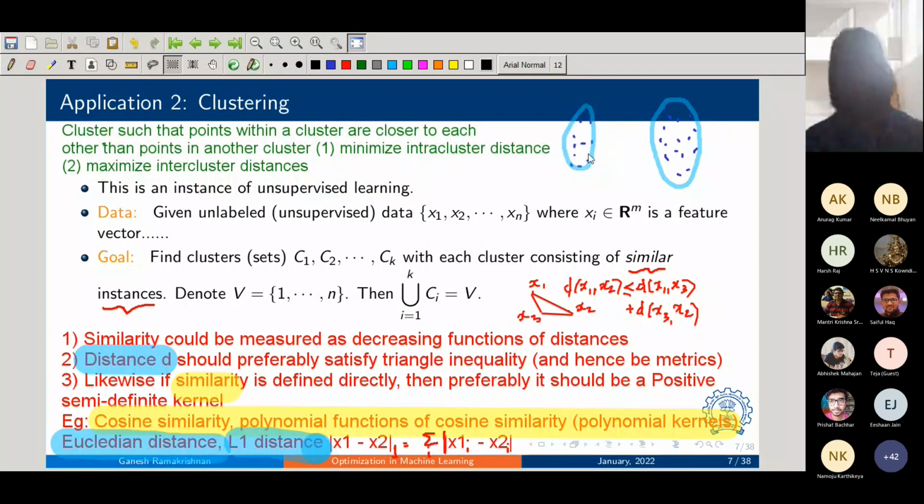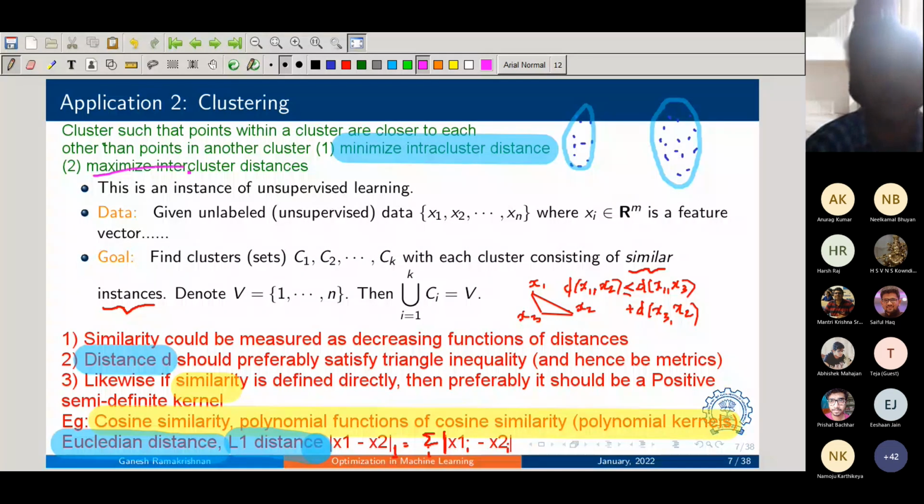Let's try and measure or represent each of these. When we say minimize intra-cluster distances, that's exactly what we are trying to show through the cohesiveness of points within the cluster. You're trying to make these points close to each other. At the same time, you want to maximize the distance across clusters.